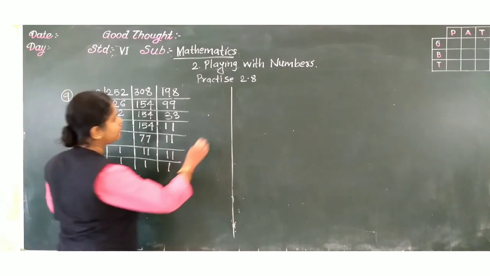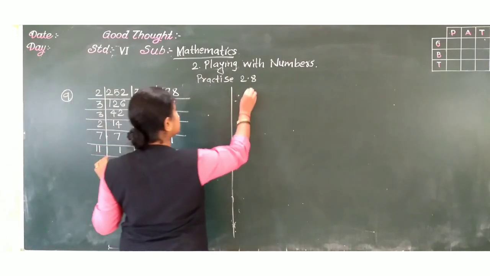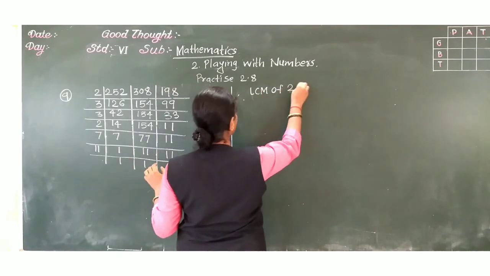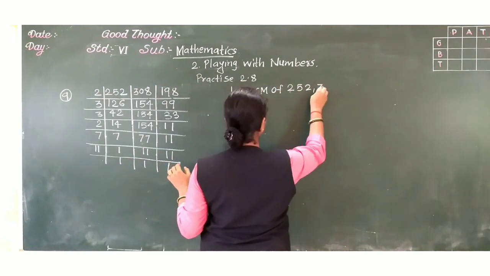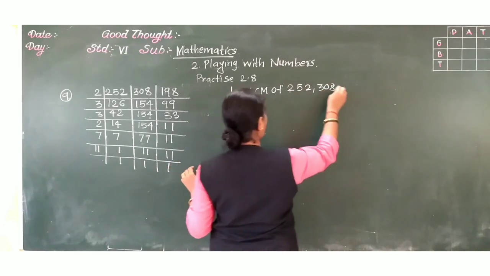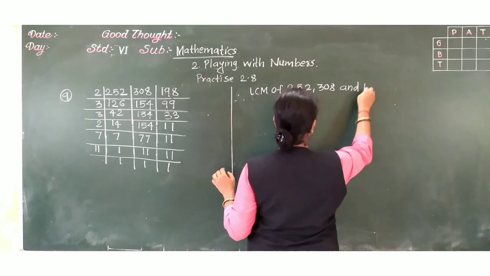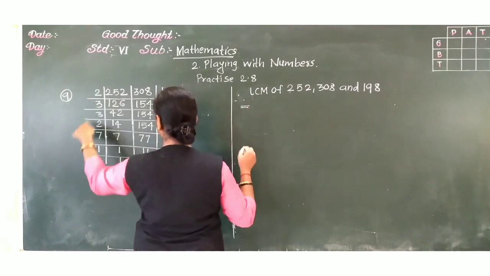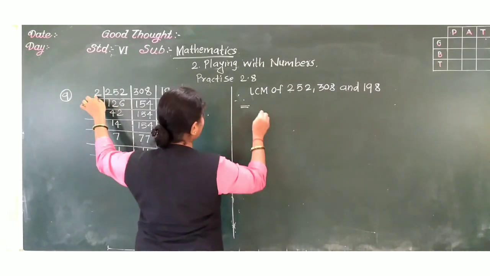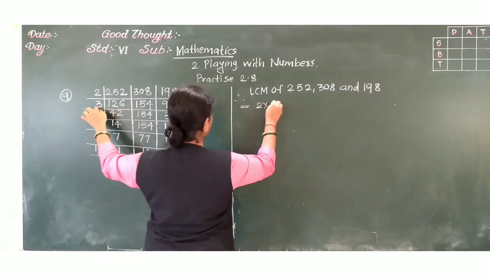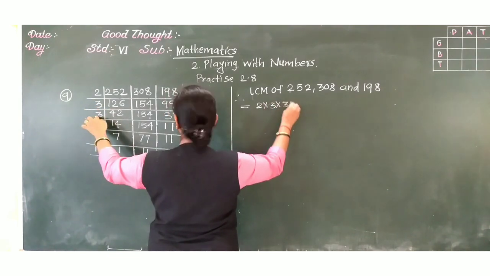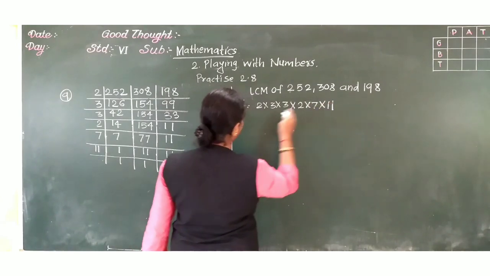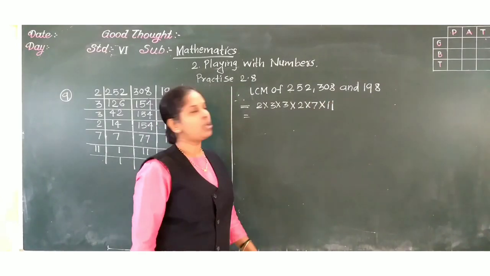So therefore, LCM of 252, 308 and 198 is equal to, what we have to do? We have to multiply all these numbers. 2 into 3 into 3 into 2 into 7 into 11. Okay. Now come on, do the multiplication.